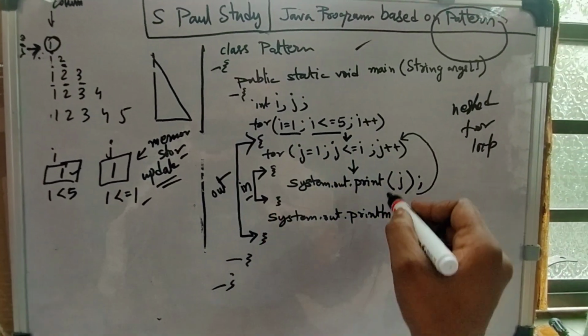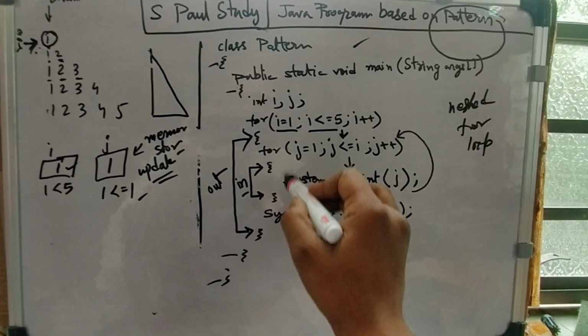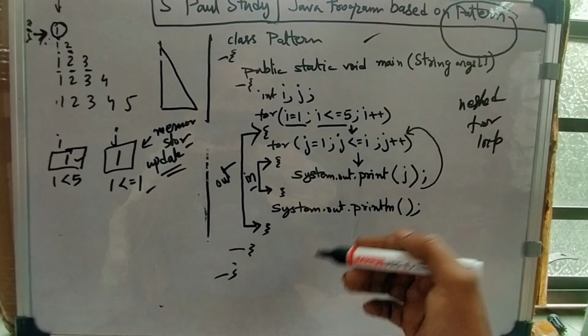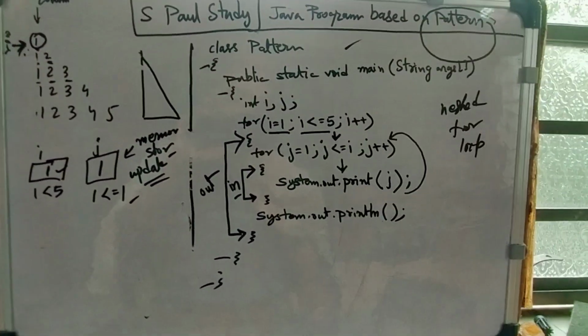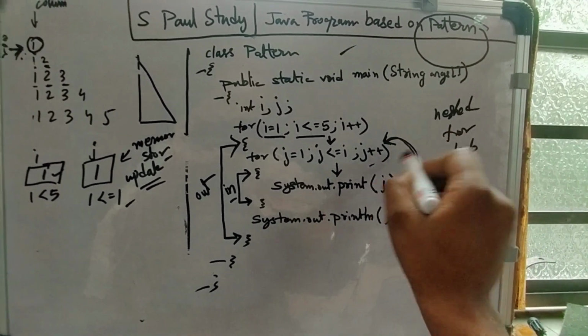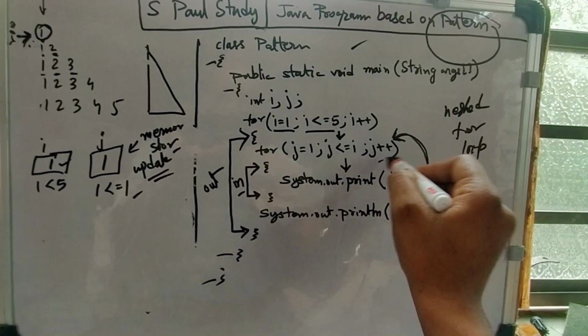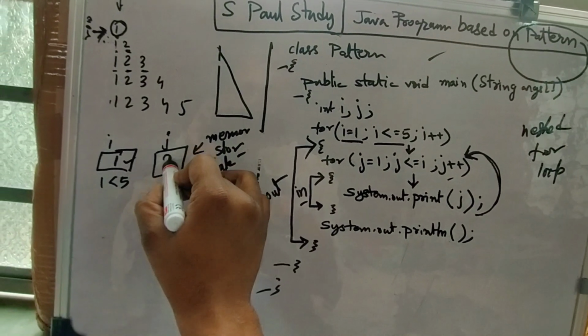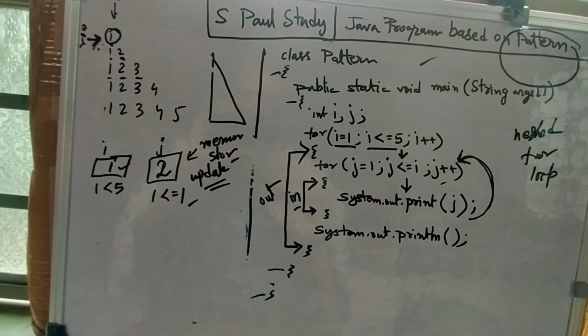First we have to complete a loop and then move to another stage. So it will move here and increase by 1, j plus plus, meaning 1 is increased by 1, so now the value of j is 2.